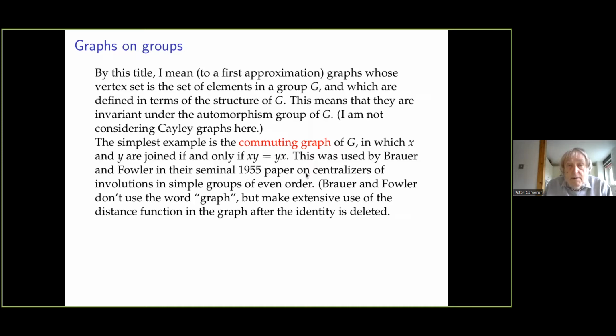And one curious thing about this paper is that they don't actually use the term graph anywhere, but they define a distance function on the group where the distance between two elements is the number of steps that you have to take to get from one to the other, where each step the two ends should commute and they're not allowed to be the identity. So these are paths in the graph that you get by deleting the identity from the commuting graph of G.